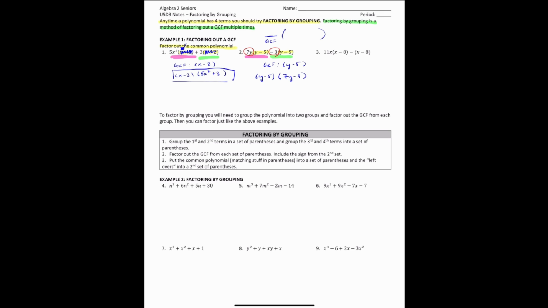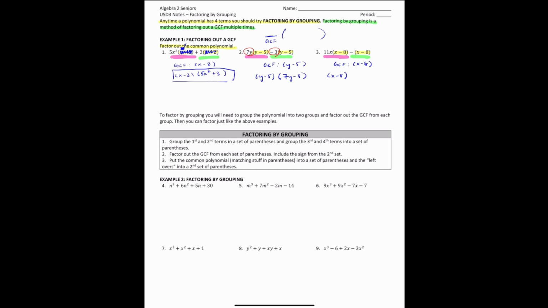Number 3, 11x times the quantity of x minus 8 minus x minus 8. Okay, so we have our first term and then our second term. What do these two terms have in common? An x minus 8. So the GCF is x minus 8.